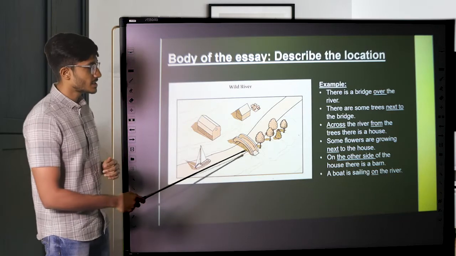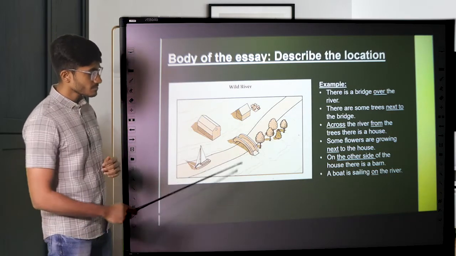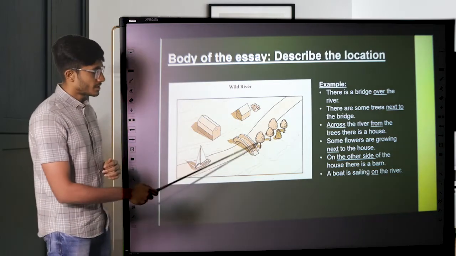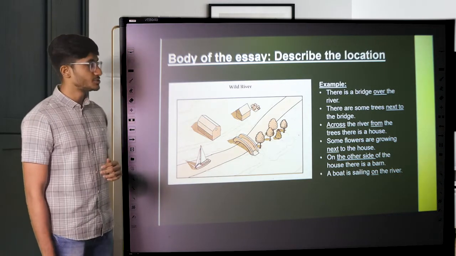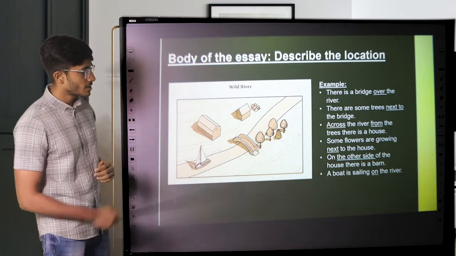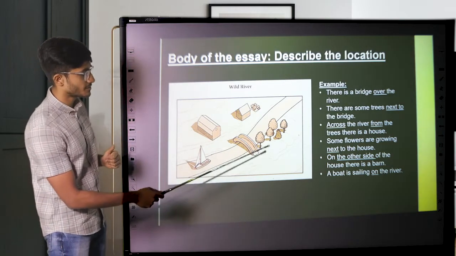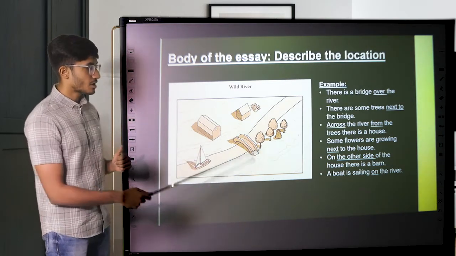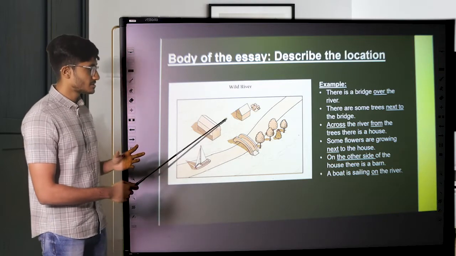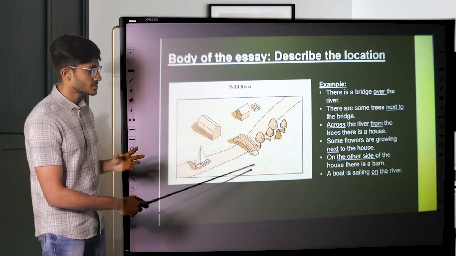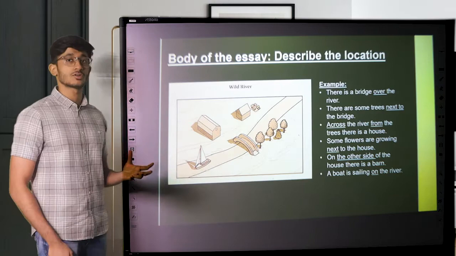There are some trees next to the bridge. This is going to help you understand the location of the trees. Across the river, from the trees, there is a house. Across the river can be from both sides. From this side to this side is across the river. From this side to this side is also across the river.